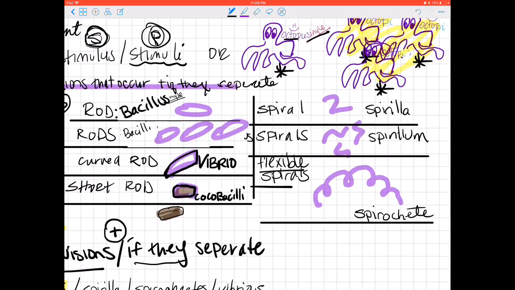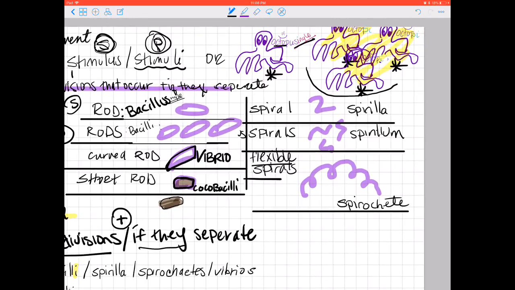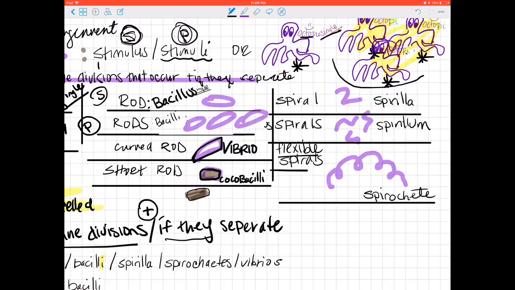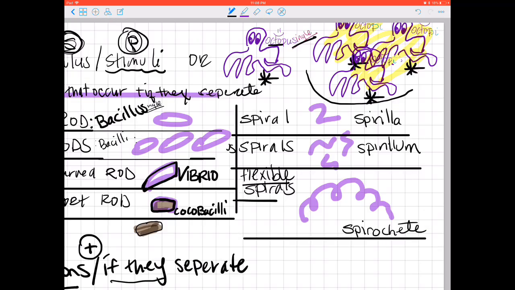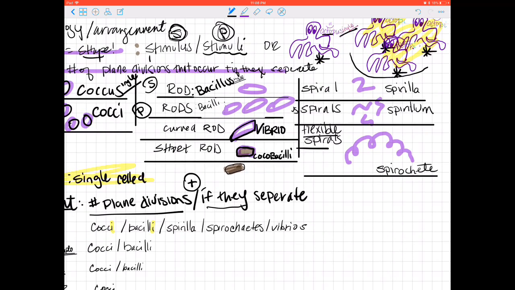But then, say for whatever reason you invaded their privacy and you run into a whole group of them, you wouldn't say octopuses. I don't want to add an S to that because that would be incorrect. The correct plural form of octopus is octopi. So you would say a family of octopi, or if you just saw one, it'd be octopus. The octopus is the singular form of one animal.